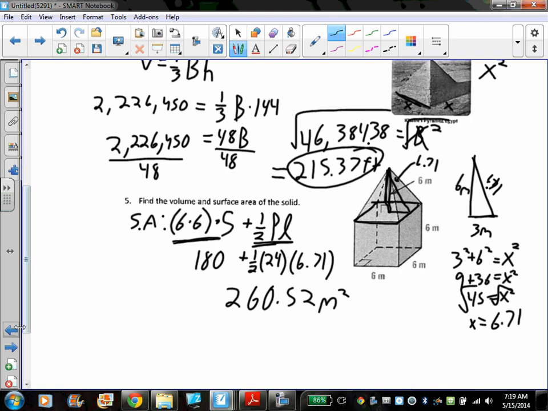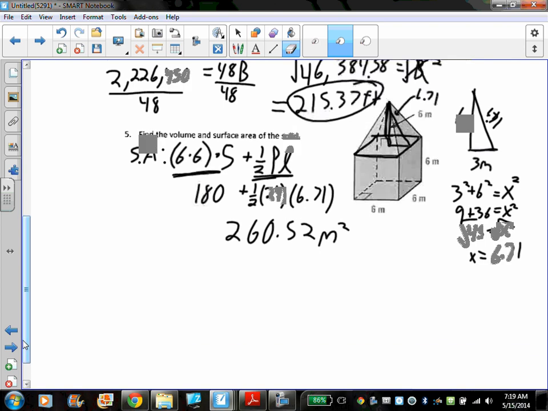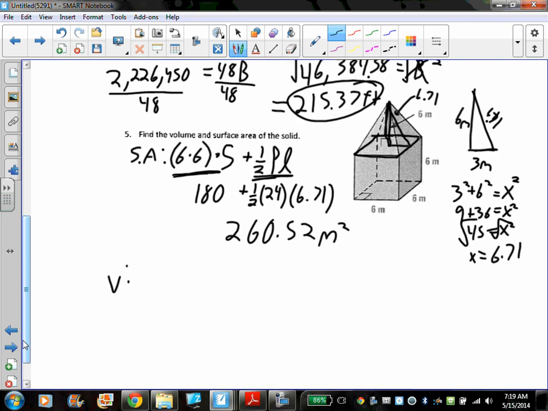Volume, again, is going to be a little bit easier than surface area was. We just need to get the 2 volumes and add them together. So the volume of the cube is just going to be area of one of the bases, which would be 6 times 6, times the height, which is also 6. This is for the cube. The volume for the pyramid is going to be 1/3 of the area of the base, which we said was 36, 6 times 6, times the height of the pyramid, which is also 6.